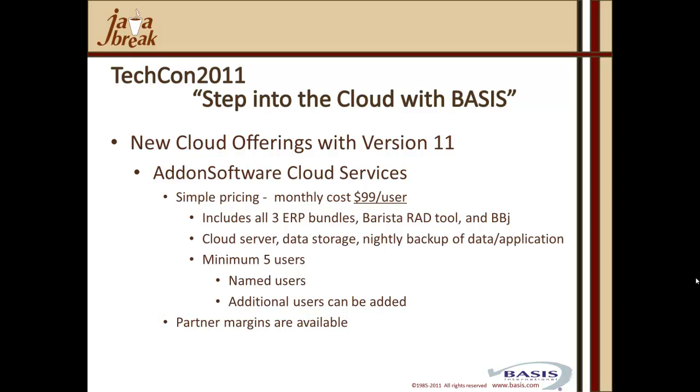You get the development tool Barista, and you get BBJ. In the cloud itself, you get cloud server, data storage, nightly backup of both your data and your application, and the requirements are 5 named users, and at any time you can add additional users. And despite the fact that the cost is so low, there still are partner margins available.